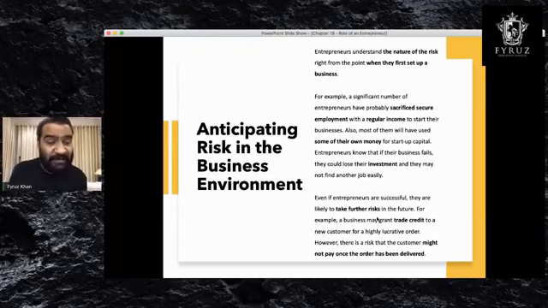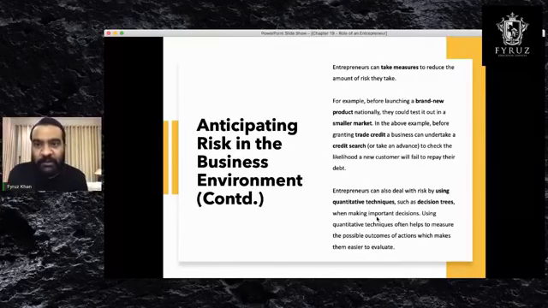Even when you're offering customers products on credit, that is also a risk, because they may not pay you later. So as a business person, you always have to take risk at every step. But then, of course, you can take measures to stop them.